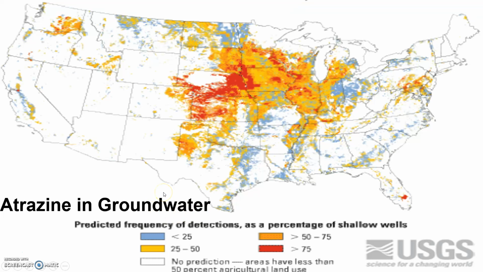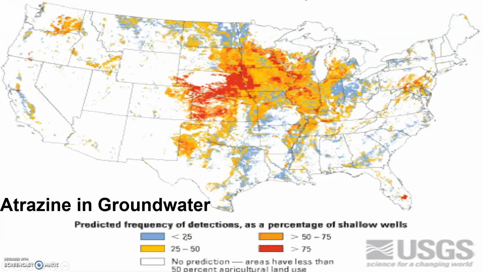Now, one of the herbicides that we talked about was atrazine, and it's a weed killer. And this is a map that was created by the USGS from data they collected on groundwater wells throughout the United States. This map depicts the atrazine in groundwater and the different concentration levels that has been found.